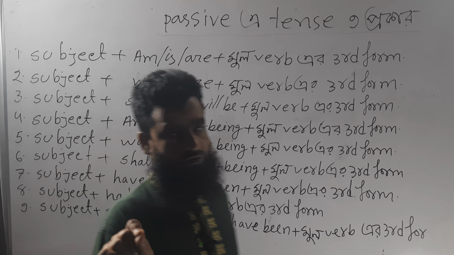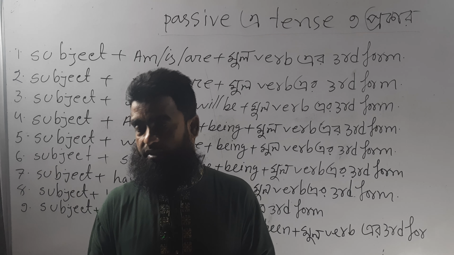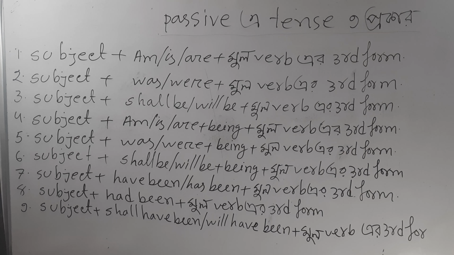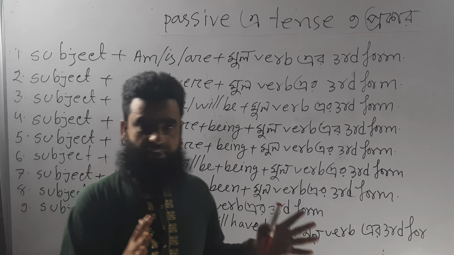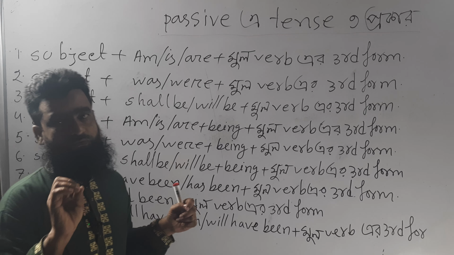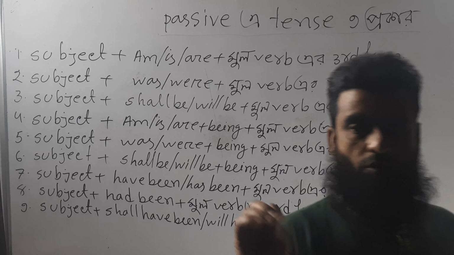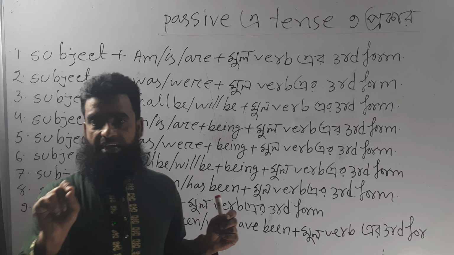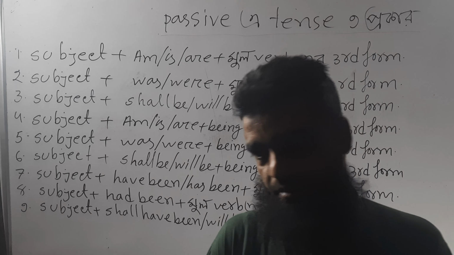We can express the English language, we can exchange our ideas into active or passive. All the teachers, I request, please don't follow the GTM method. We have to follow the CLT method, communicative language teaching method.